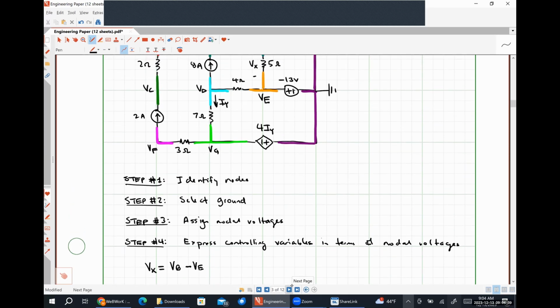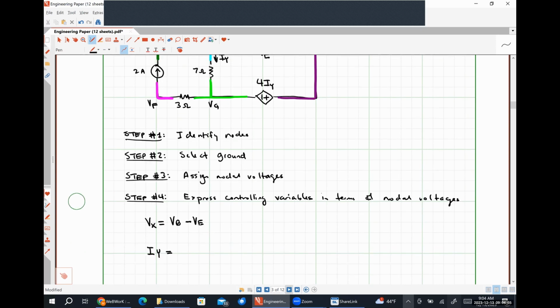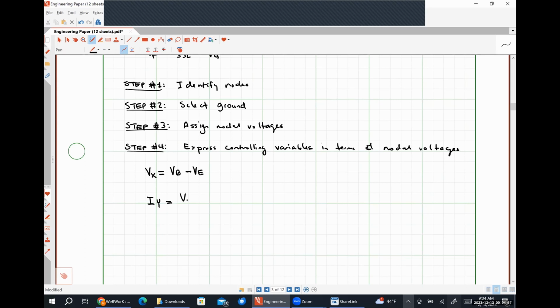Would somebody else like to tell me how to express the current IY in terms of our nodal voltages? Yes, ma'am. VD minus VG over 7. Thank you so much, Leah. Absolutely correct. So I believe those are all of our controlling variables. So we're done with this particular step, unless I'm missing anything. I don't think I am.